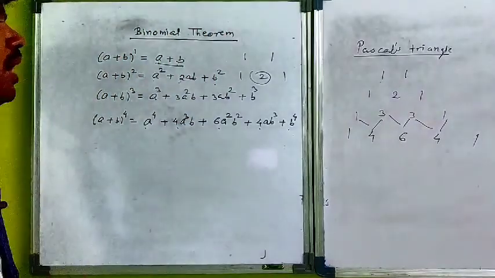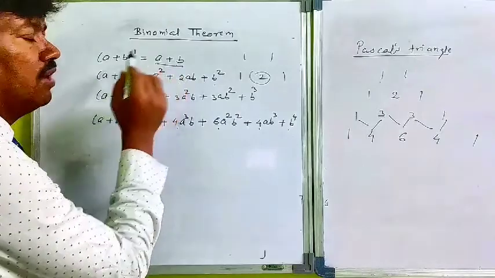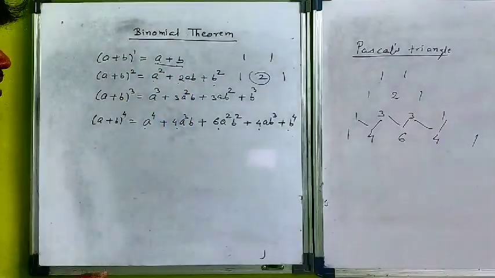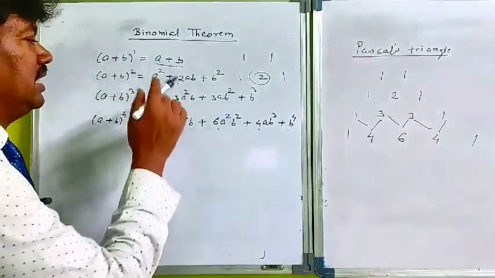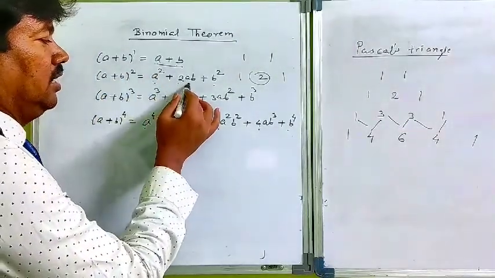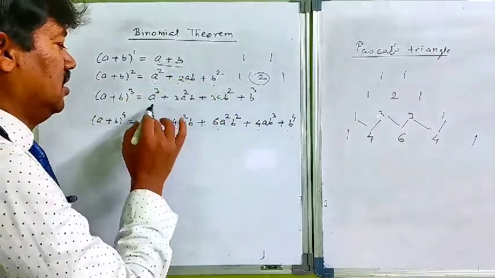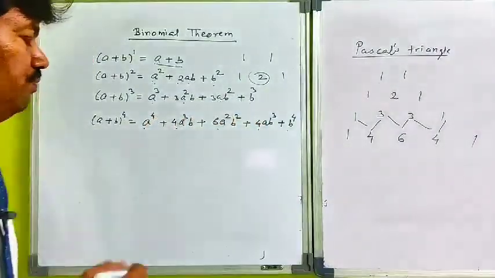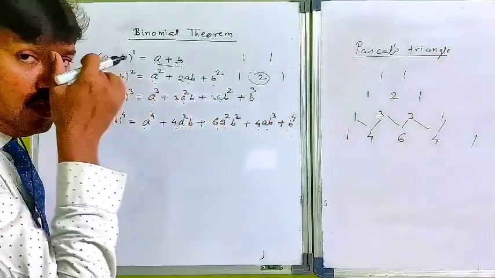And if you observe the power of a here, the power of a is a raised to 1, the next is a raised to 0. In the second expression, for a plus b the whole square, it is a square, a raised to 1, then a raised to 0. The power of a decreases. Here it is a cube, a square, a raised to 1, a raised to 0. a raised to 4, a cube, a square, a, and a raised to 0.